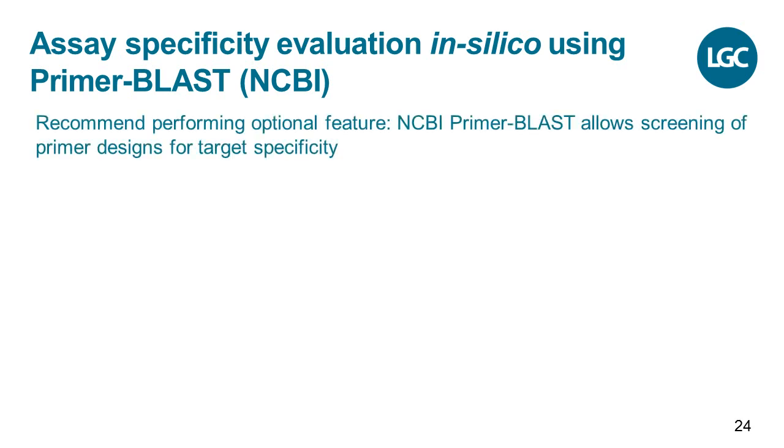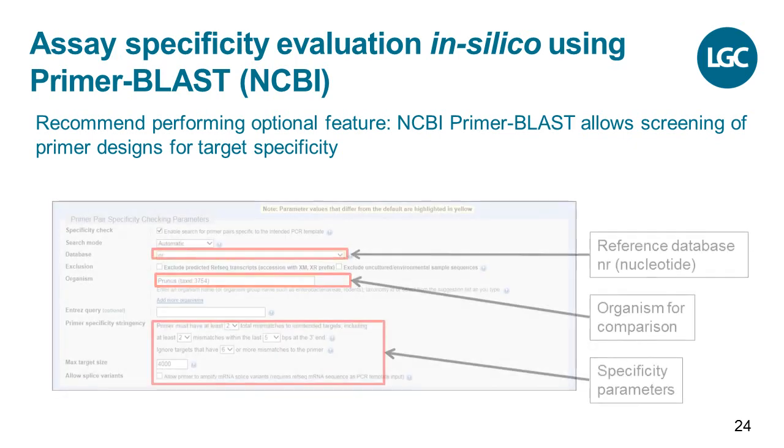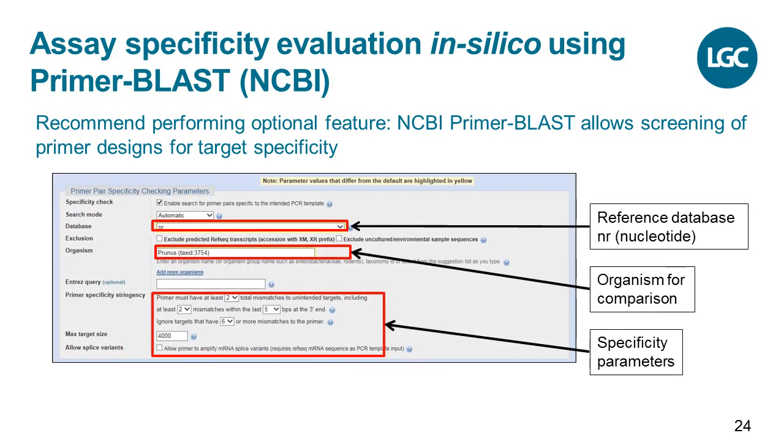With the Primer Blast platform, in addition to performing primer and probe design, the software can also screen for cross-reactivity with non-targeted species. In the example illustrated on the current slide, the nucleotide database at NCBI has been selected as the reference source.